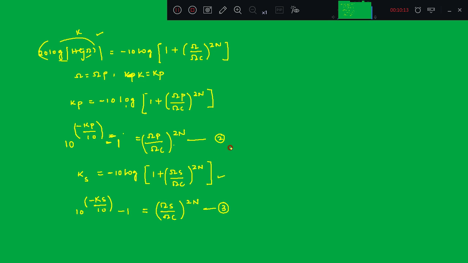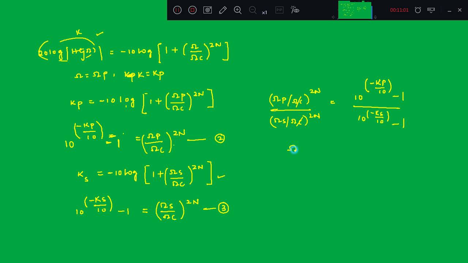Now let us divide equation 2 by equation 3. By dividing equation 2 by equation 3, we get (ωp/ωc) raised to 2n divided by (ωs/ωc) raised to 2n is equal to 10 raised to minus kp by 10, minus 1, divided by 10 raised to minus ks by 10, minus 1. Here ωc and ωc will get cancelled.